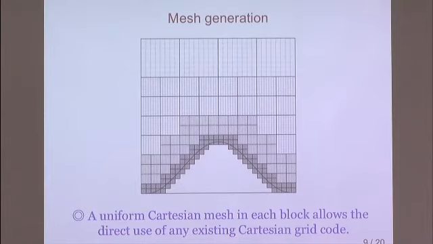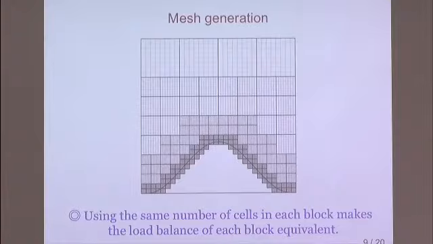So one of the attractive features of this block structured mesh refinement is that the uniform Cartesian mesh in each block allows the direct use of any existing Cartesian grid code. And moreover, the same number of cells in each block provides an advantage for parallel computing because the load balance of each block should be equivalent.